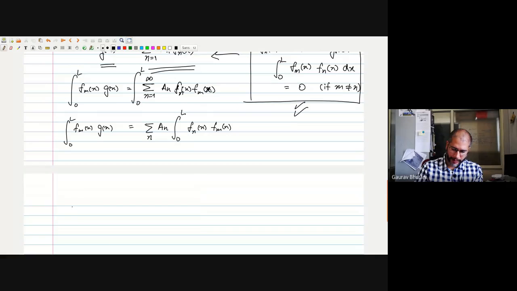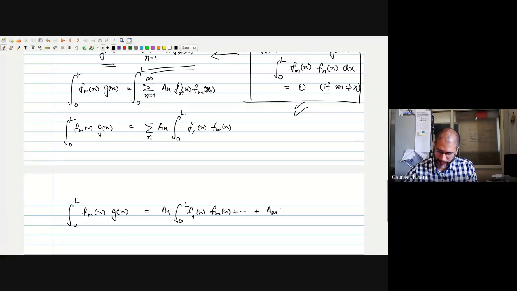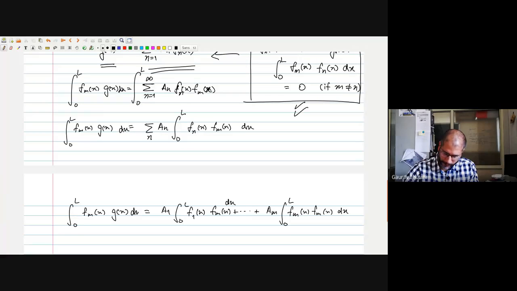Ultimately we'll have the integral from 0 to L of f_m(x) g(x) dx, and this is equal to a_1 times the integral from 0 to L of f_1(x) f_m(x) dx, and so on, plus another term a_m times the integral from 0 to L of f_m(x) f_m(x) dx, and then lots of terms.